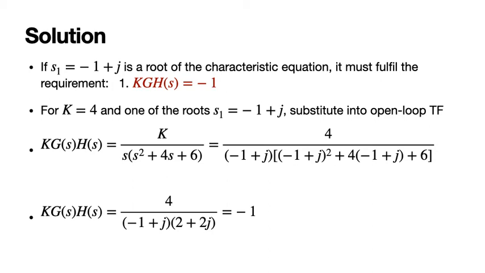Let's say we put s1 as one of our roots, so I put s equals minus 1 plus j into the equation. This is the characteristic equation finally, and if I solve it, it will be 4 over minus 1 plus j times 2 plus 2j, equal to negative 1.